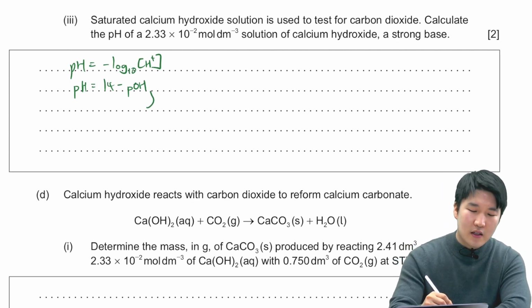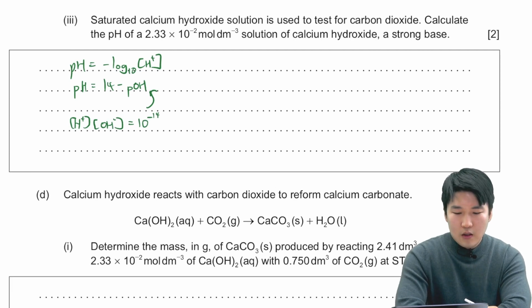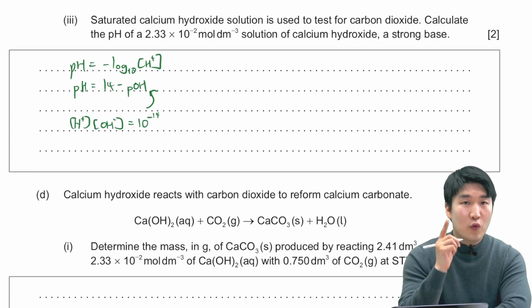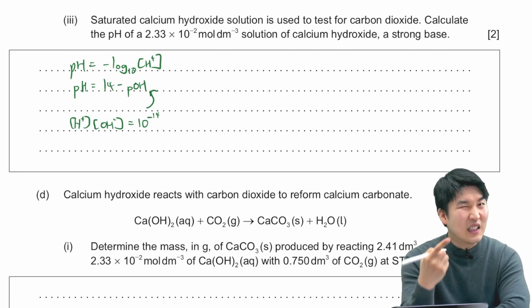And this relationship is derived from the ionic product of water, which is represented as H plus times OH minus concentration equals 10 to minus 14 at room temperature. We're going to go for the second route, pH equals 14 minus pOH, because that's a bit easier.